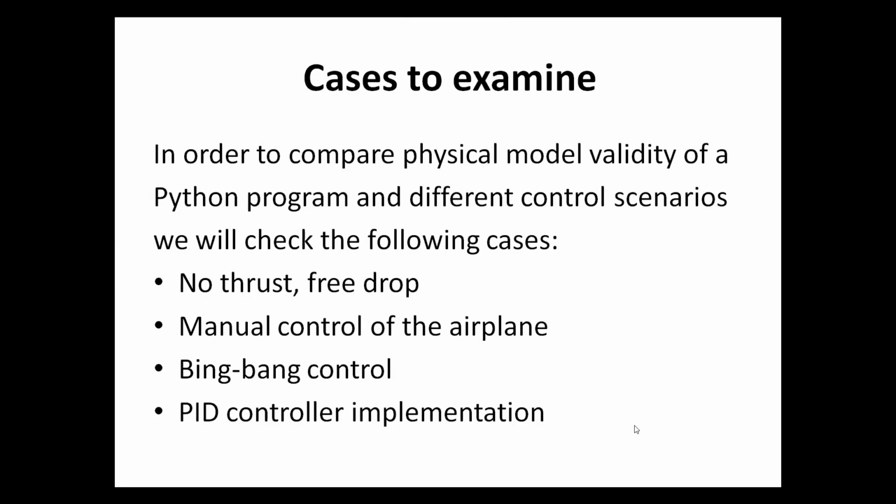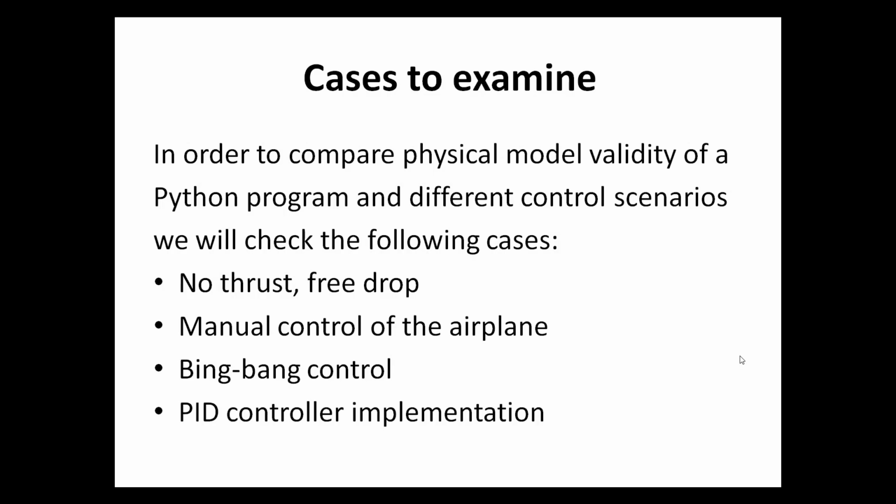And we will compare 4 cases in order to see the differences in different control parameters. First, we will see that our physical model is valid. So we will switch off the thrust of the airplane, and we will expect a free drop of the airplane, like a rock, basically. Then we will implement the manual control.